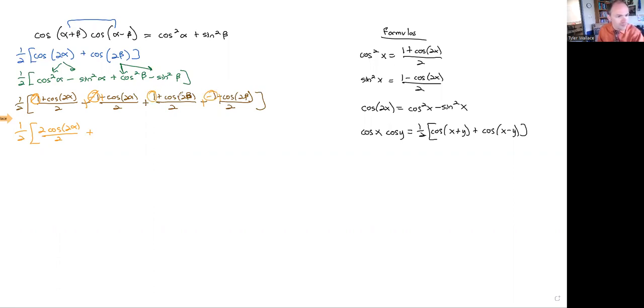Plus 1 minus 1 is 0. So I have the 2 cosine of 2 beta over 2. And then the 2's reduce out. And I'm going to also distribute the 1/2 through. So I've got cosine of 2 alpha over 2 plus the cosine of 2 beta over 2.